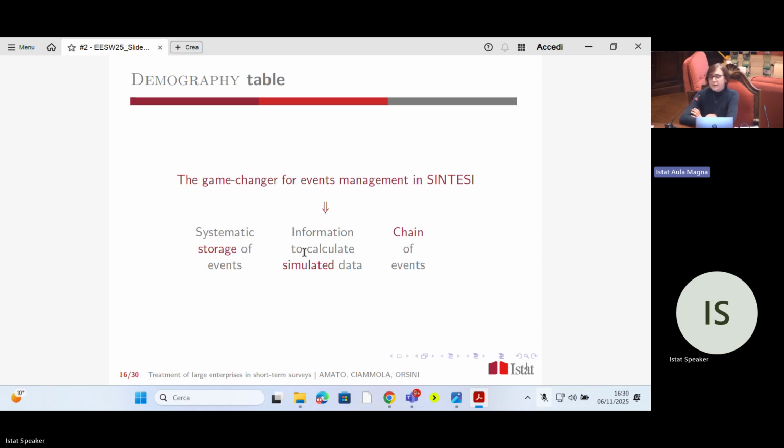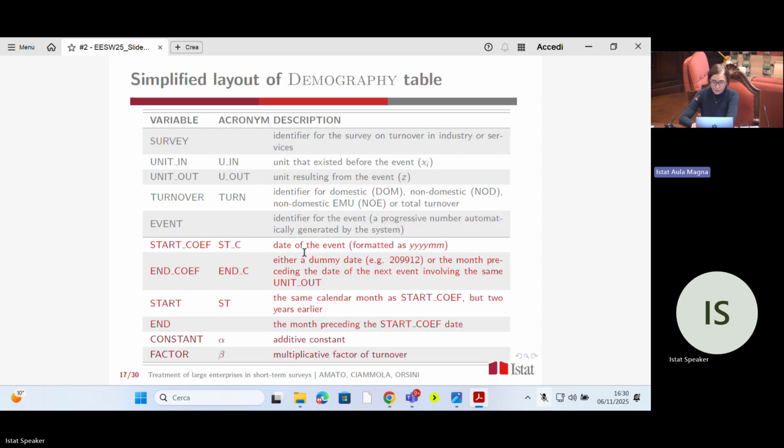That is, this application system that we introduced for turnover surveys contains a series of information: systematic storage of events, information to calculate simulated data, and chains of events. That is, 2 or more events that happen over a period shorter than 12 months.